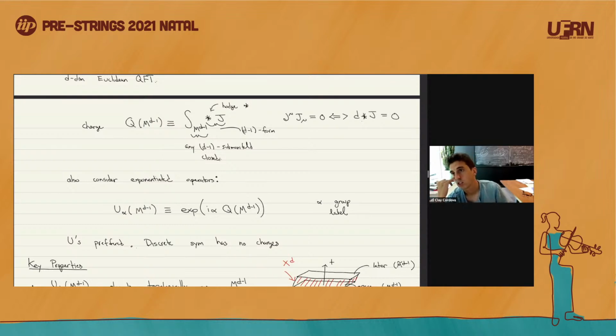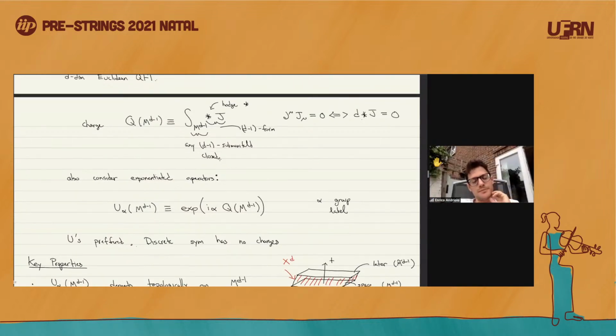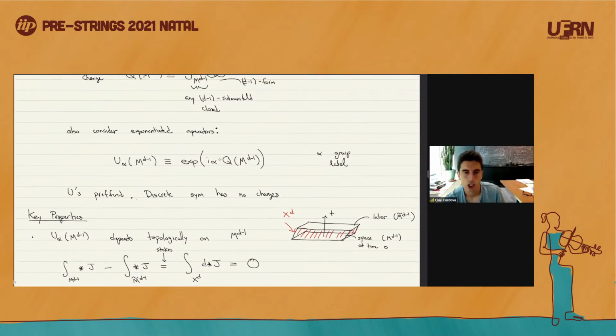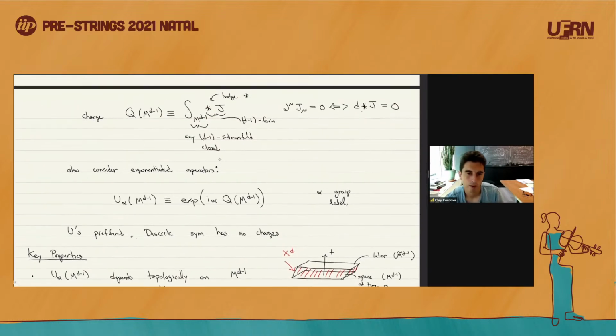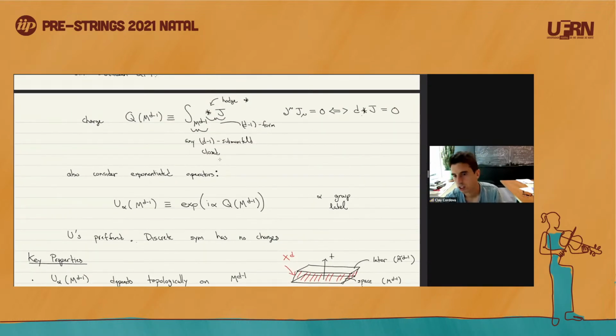In that case, the integral of a total derivative will be 0. The second question was about whether anything I'm saying has specifically to do with Lagrangian theories or not. The answer is no. I'm trying to, in fact, develop a point of view that works intrinsically for any QFT.